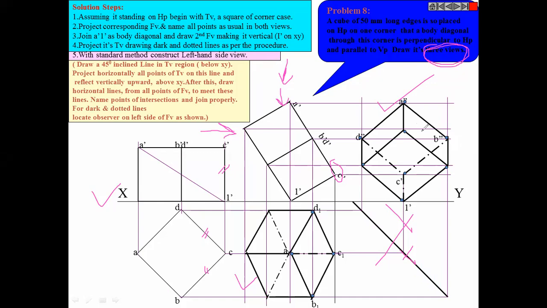Currently, which view is this? Tell me that first. Left side. Left hand side view. And what I am asking you is the right hand side view. So where will it come? It will come on this side or not? Yes, sir. Because this is the first angle projection method, it will come on this side.